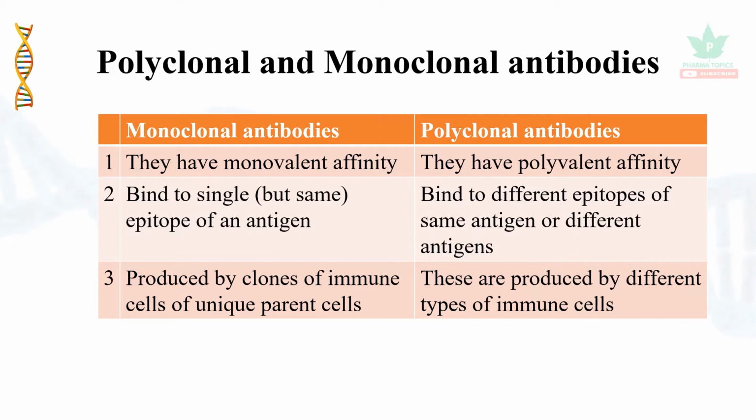Monoclonal antibodies bind to a single epitope of an antigen, whereas polyclonal antibodies can bind to different epitopes of the same antigen or different antigens. Monoclonal antibodies are produced by clones of immune cells from a unique parent cell, whereas polyclonal antibodies are produced by different types of immune cells.